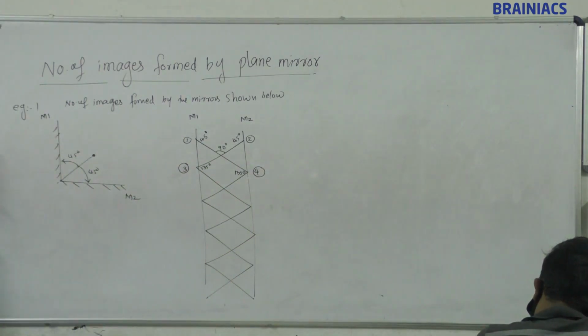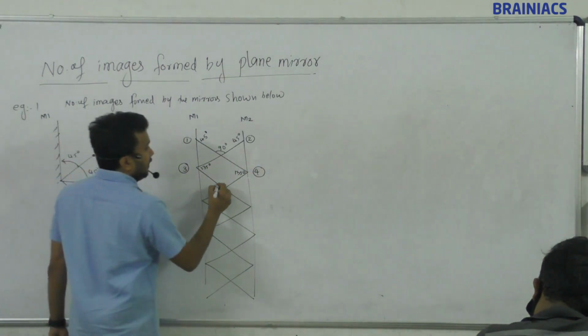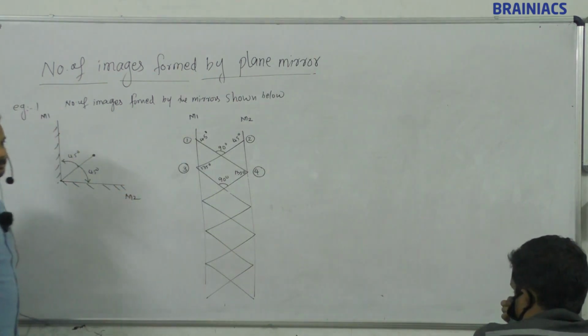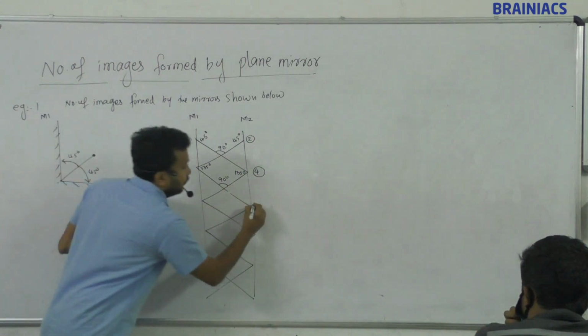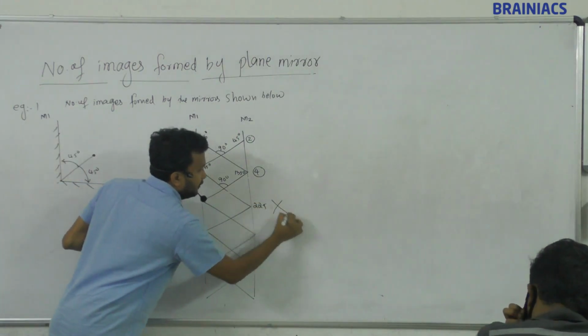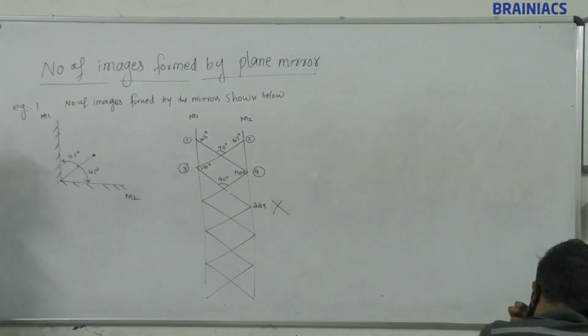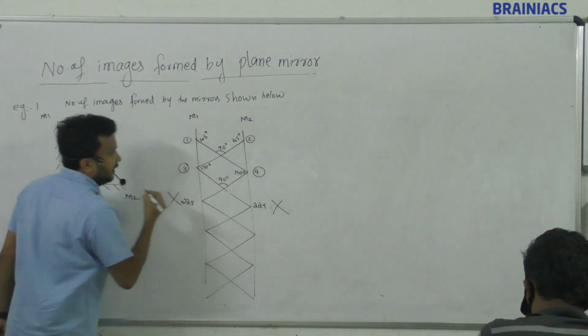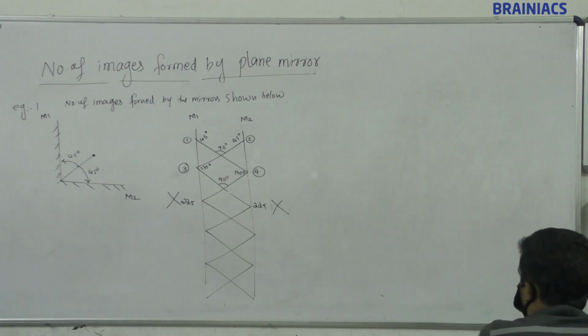Okay, that's all. Now if you go further, what will this angle be here again? 90. 135 plus 90 is 225. Not possible. Stop there. When you come here also, how much will come? 225. Stop there. This is not possible. So up to this is possible.